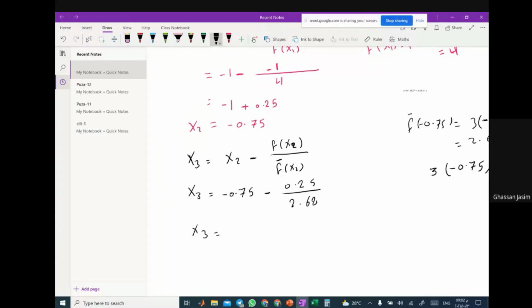That means x3 equals minus 0.75 minus. Let's divide this.